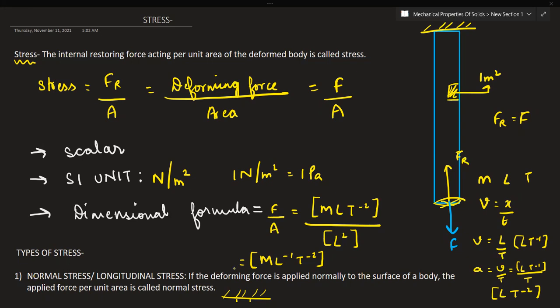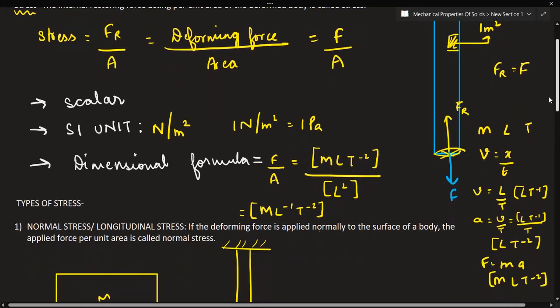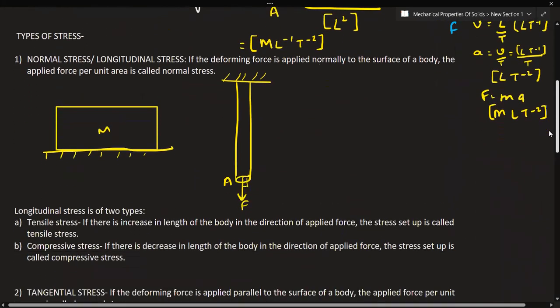Now see, let's see the various types of stresses which we have. The stress developed in a body depends on how the external forces are applied over it. On the basis of it, the first stress is known as the normal stress, or the other name for normal stress is the longitudinal stress.